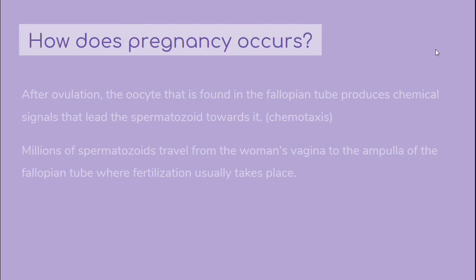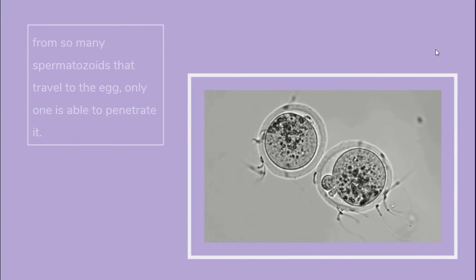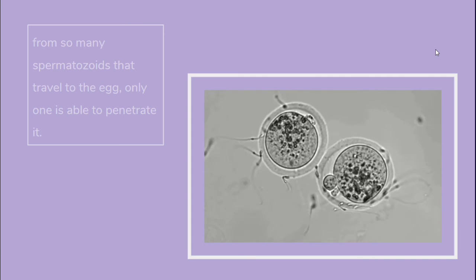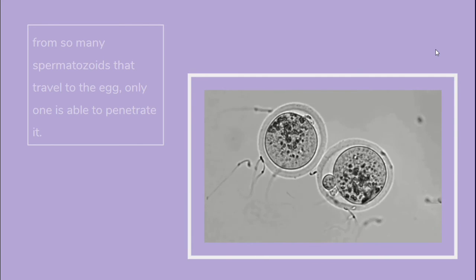How does pregnancy occur? After ovulation, the oocyte that is found in the fallopian tube produces chemical signals that lead the spermatozoids toward it. Millions of spermatozoids travel through the woman's vagina to the ampulla of the fallopian tube, where fertilization usually takes place. From so many spermatozoids that travel to the egg, only one is able to penetrate it.